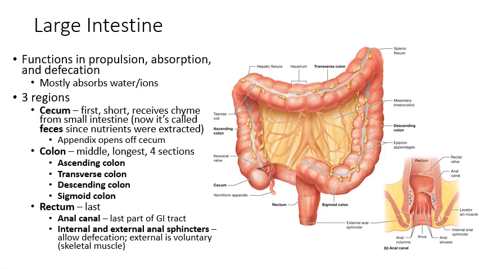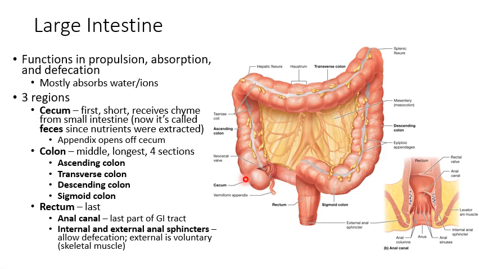There's 3 regions of the large intestine. First, you have the cecum, which is very small actually, right where the small intestine empties into the large intestine. That's where you have the cecum, and it really does not extend appreciably far past that point. So technically, what it would be receiving from the small intestine is chyme, that liquefied food.